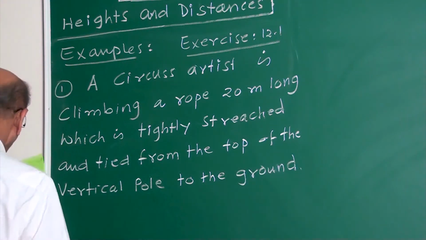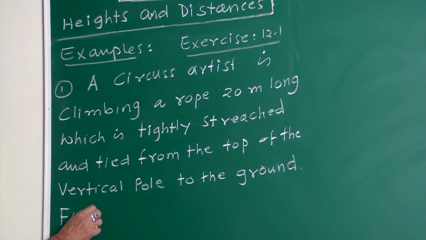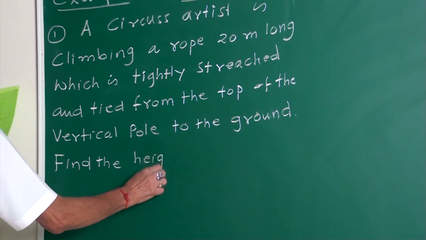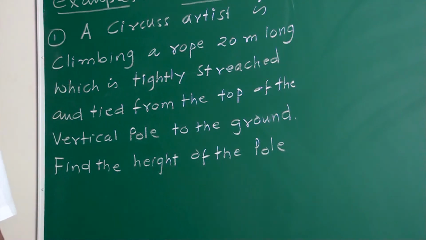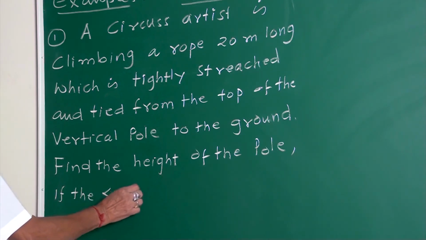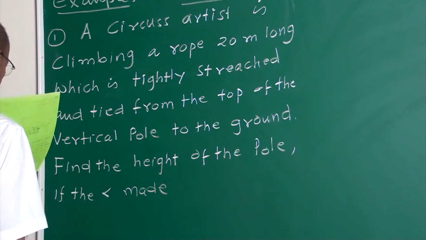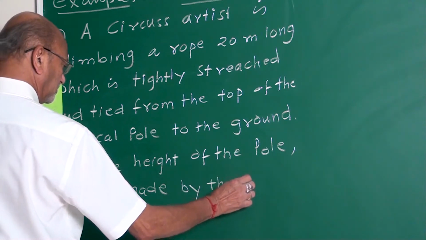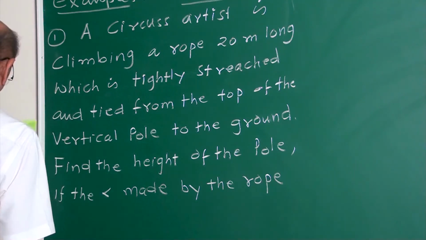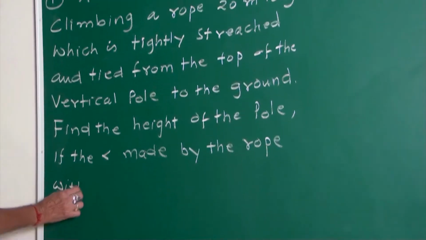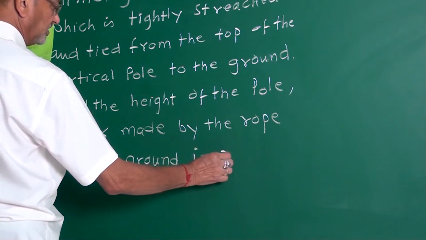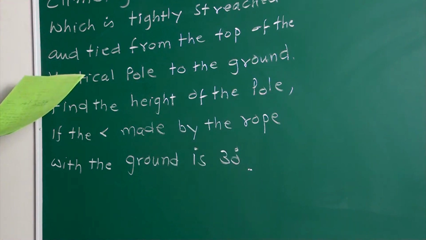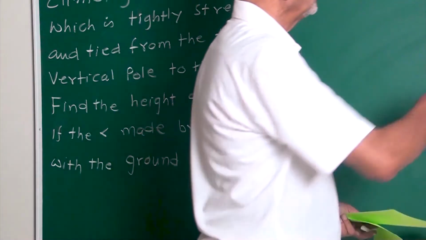Find the height of the pole, if the angle made by the rope with the ground is 30 degrees. Yes, my friends.